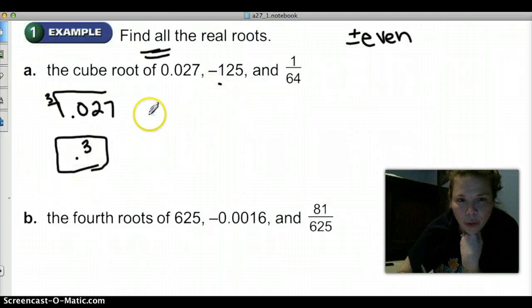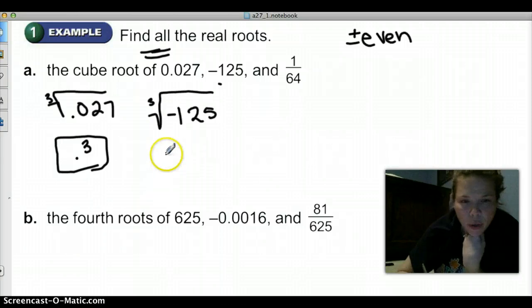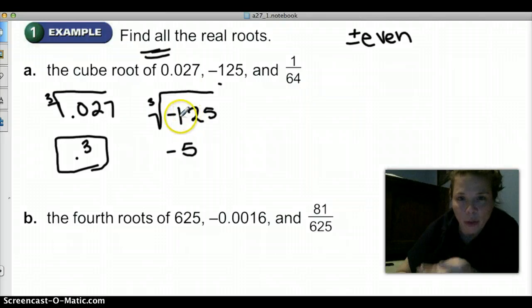Okay, cubic root of negative 125. Well, this is going to be negative 5 because the only way you can get negative 125 by multiplying a number times itself would be negative 5, negative 5, negative 5.